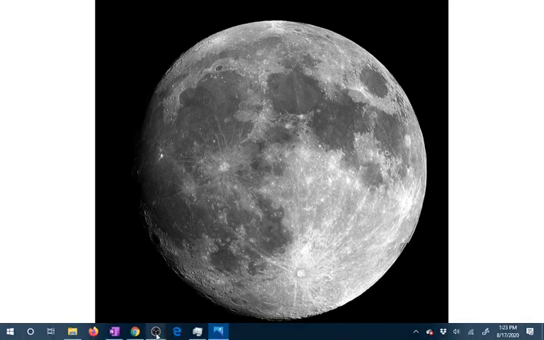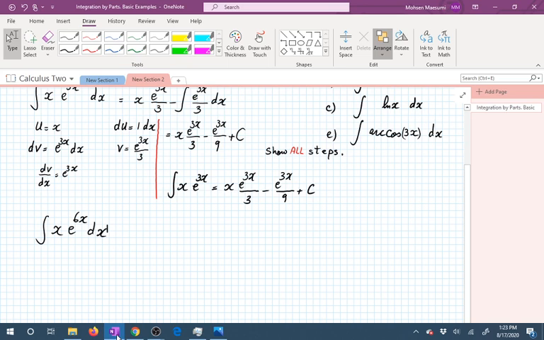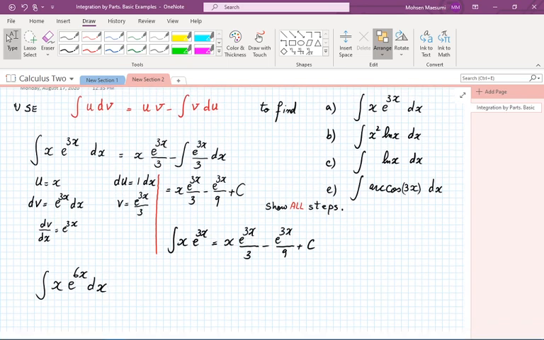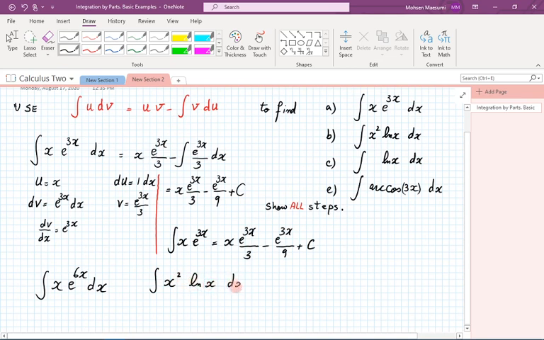Let's go ahead and do another example. So next one up is something with a logarithm in it. Let's see, what do we do? So integral of x squared logarithm of x dx.